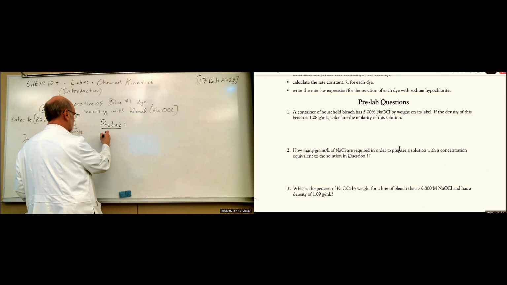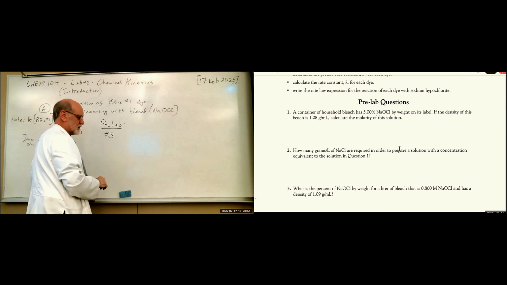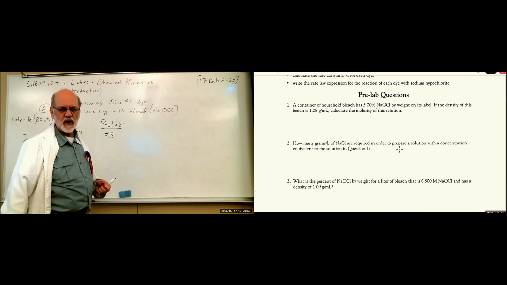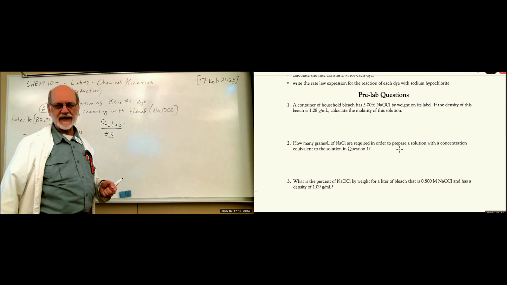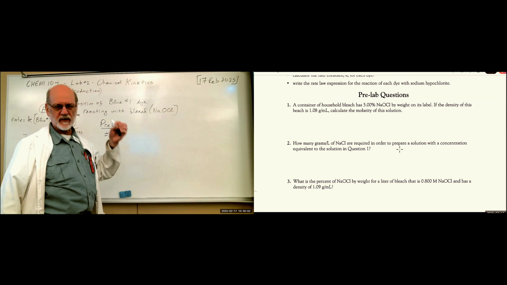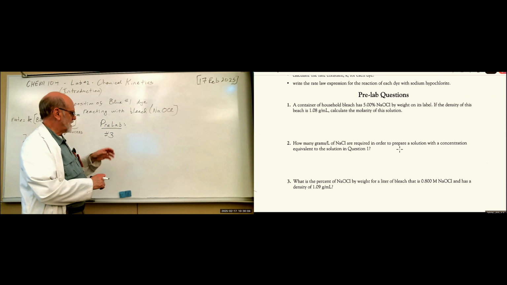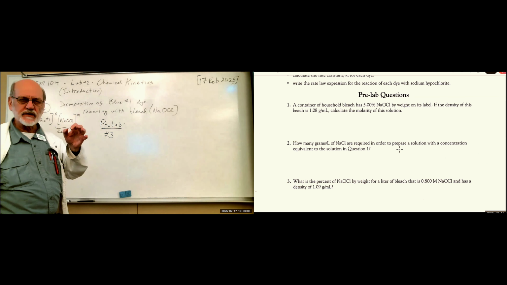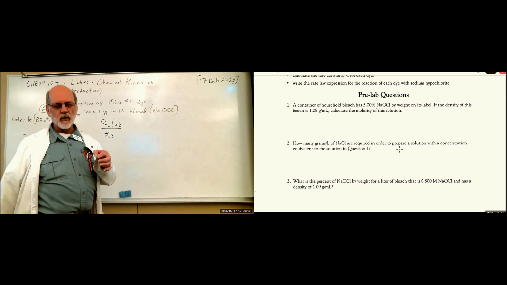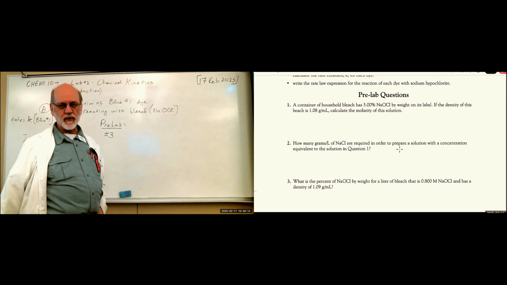Okay, number 3. What is the percent of sodium hypochlorite by weight for a liter of bleach that is 0.8 molar sodium hypochlorite and has a density of 1.09 grams per mil? These 1, 2, and 3, all of these are dimensional analysis type problems. So what's the percent by weight of sodium hypochlorite?